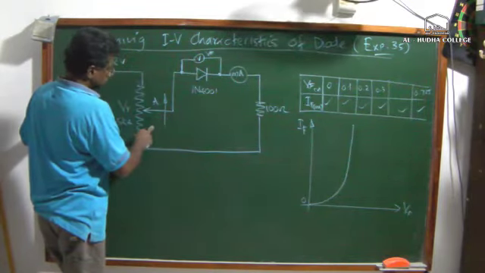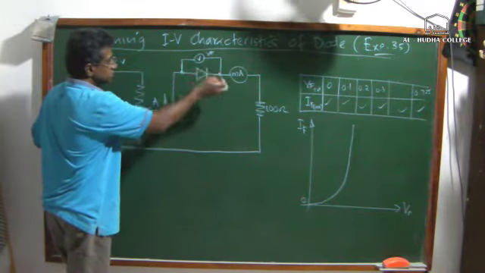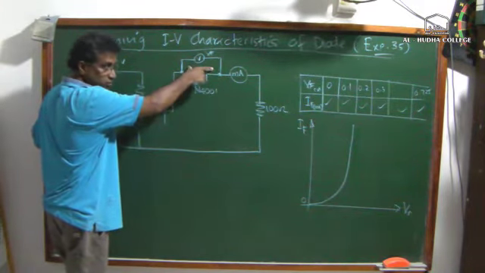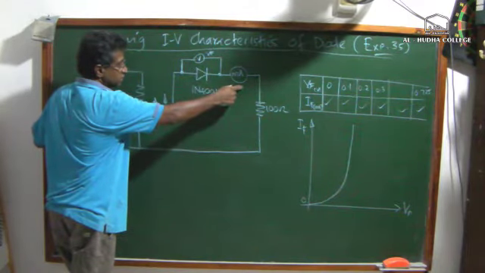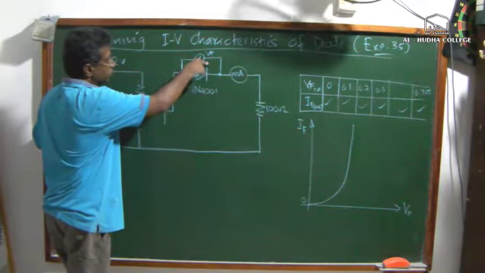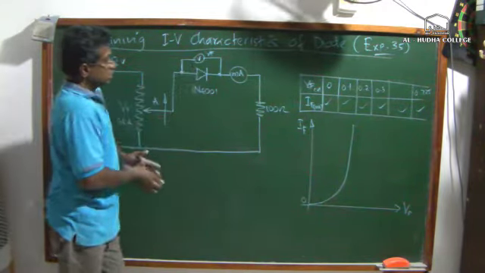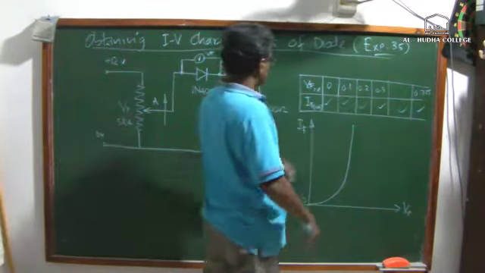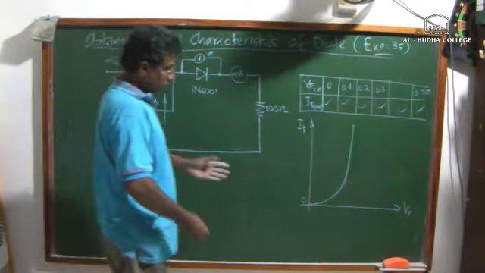But you have to check the voltage in the voltmeter, because the voltmeter measures the voltage across the diode, right? And the milliammeter measures the current through the diode. So looking at this voltmeter, you start from 0 and increase it in step of 0.1 and then measure the corresponding currents, and then you can plot a graph.